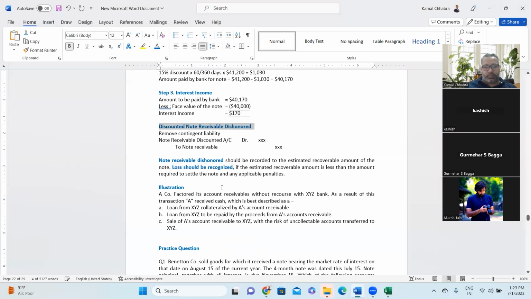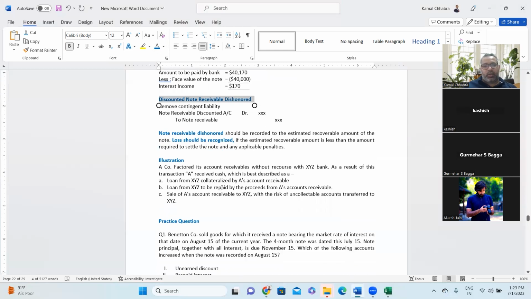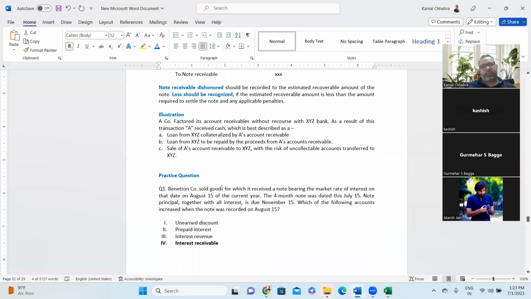Sir. No, sir. Okay, so look at an illustration. A company factored its account receivable without recourse to XYZ Bank. As a result of this transaction, A received cash. Which one is best described?